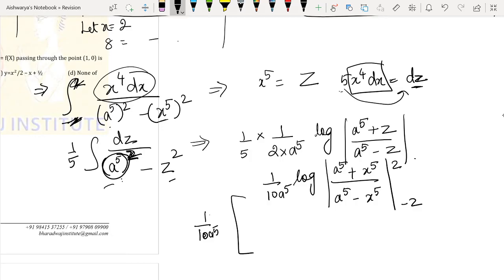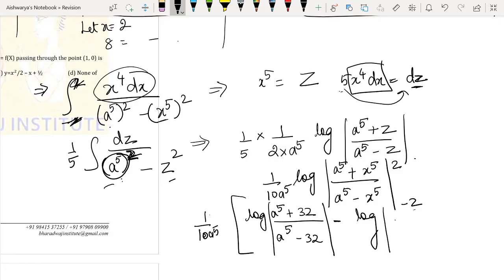Open the bracket. Log of a power 5 plus x power 5 is 2 power 5, 2 power 5 is 32, divided by a power 5 minus 32. Okay, now this minus log of a term.